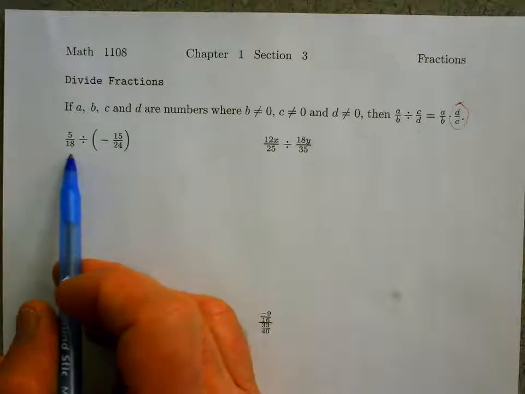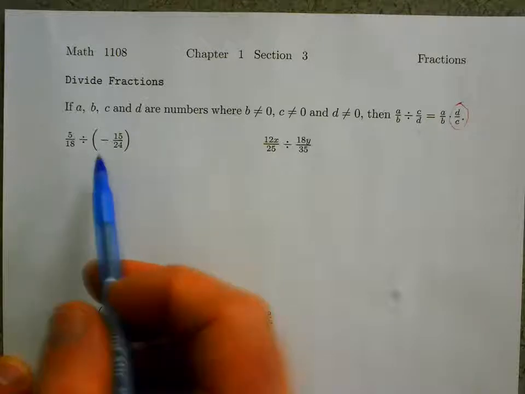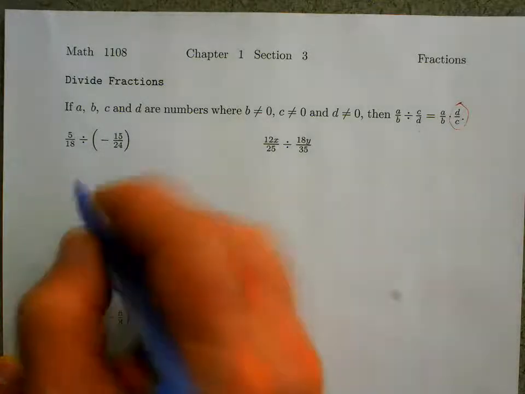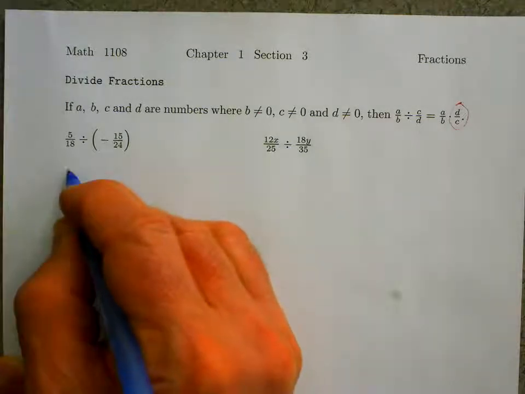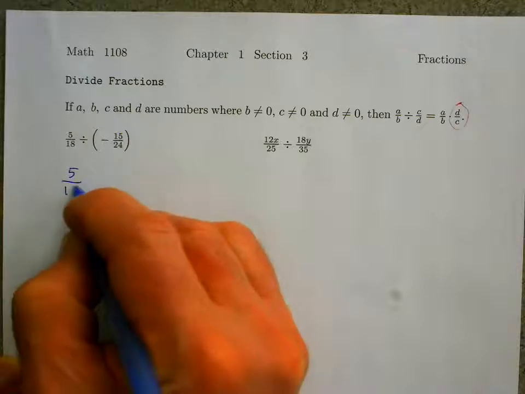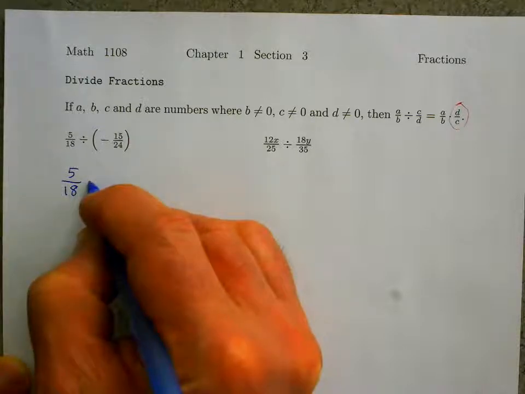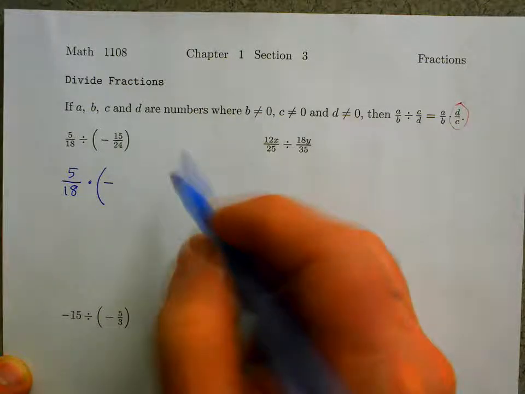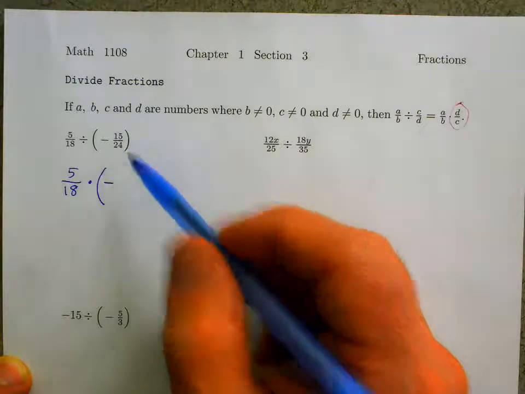So the fraction 5/18 divided by the fraction negative 15/24: we leave the fraction on the left the same, 5 over 18, and we're changing from division to multiplication, so we write the reciprocal of negative 15 over 24.